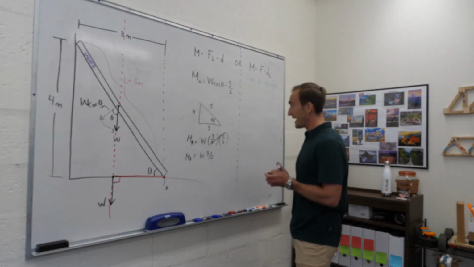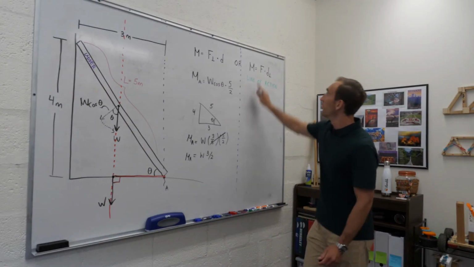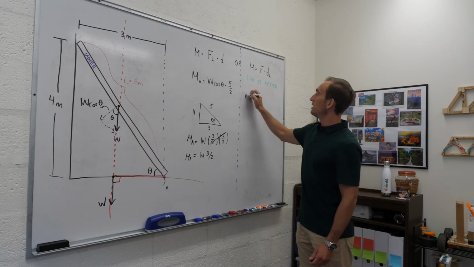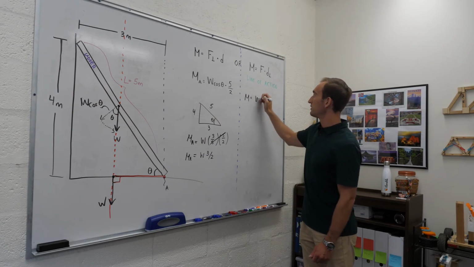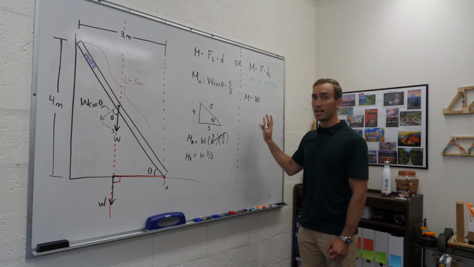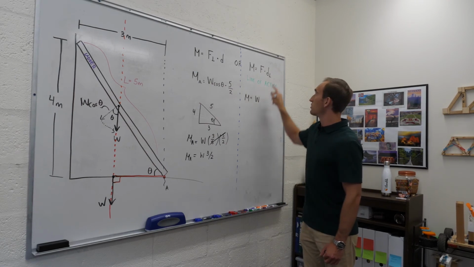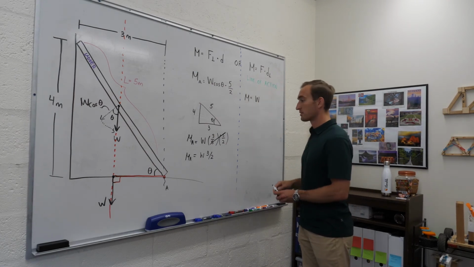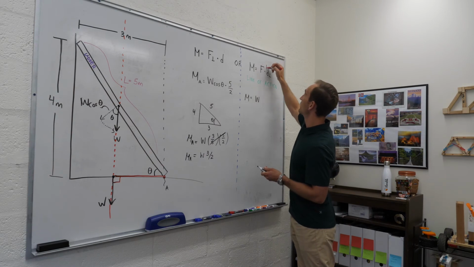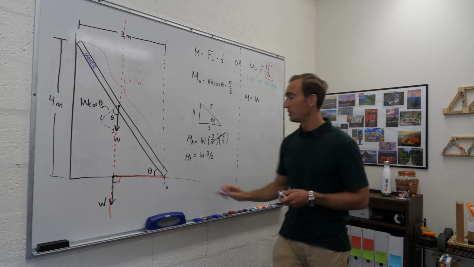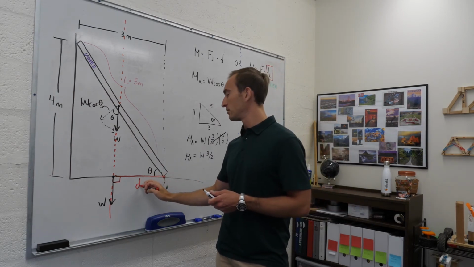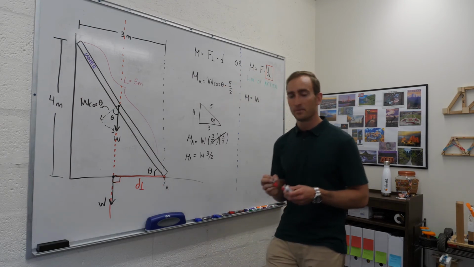So now in our calculation, the moment is going to be equal to the weight, because we've kept it the same. Now what we need to solve for is the perpendicular distance. Well, the perpendicular distance is this distance right here.